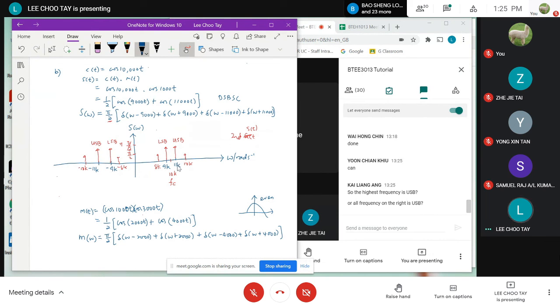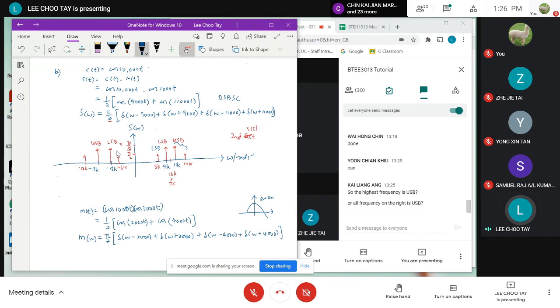So if you have 2 impulses on the right hand side of your carrier frequency, then these 2 are your USB. And for LSB, this one is also LSB, so these 2 are LSB. Always make reference to your carrier frequency.